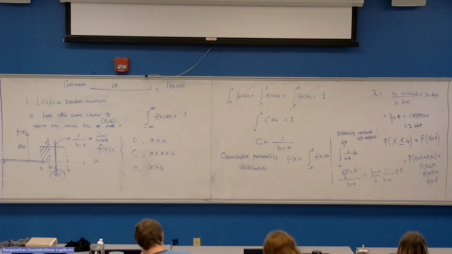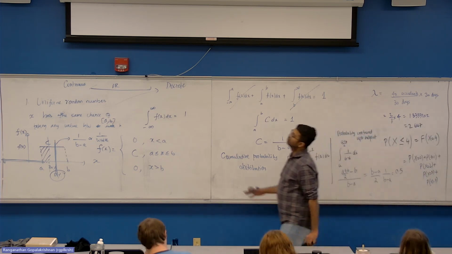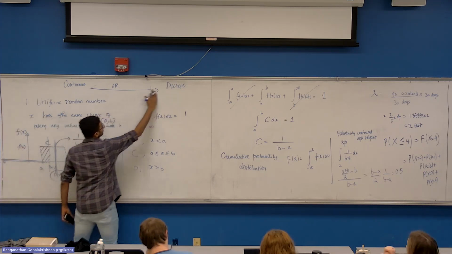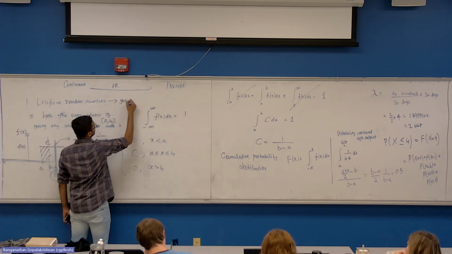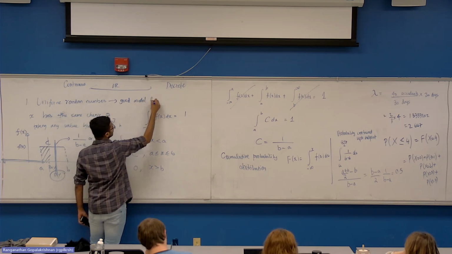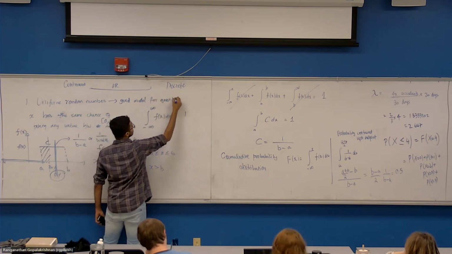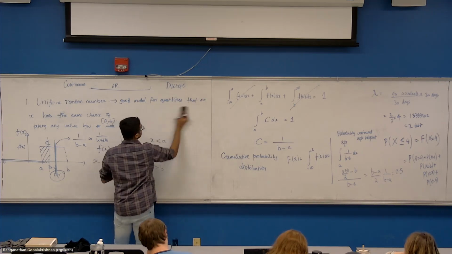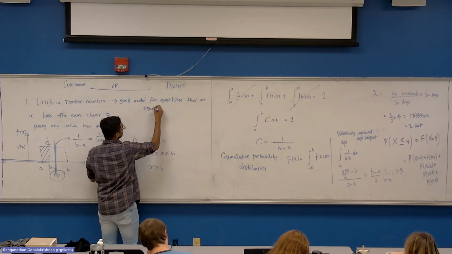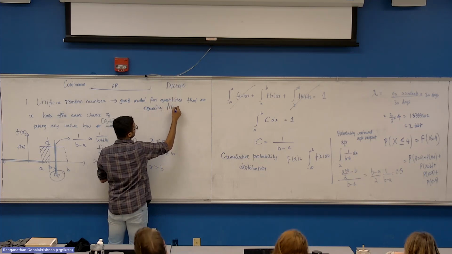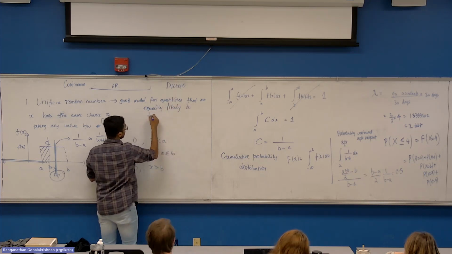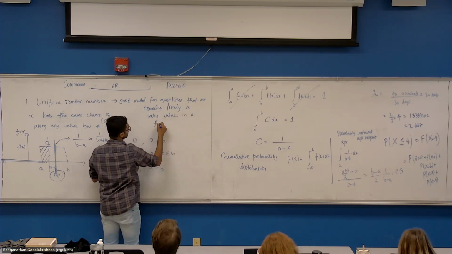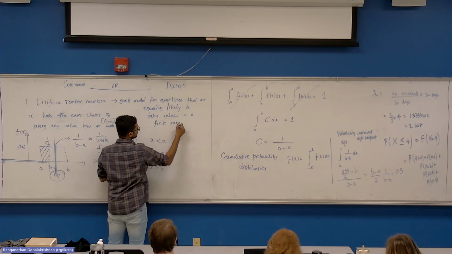So a uniform distribution is a very convenient model, a good model for quantities that are equally likely to take values in a finite range.